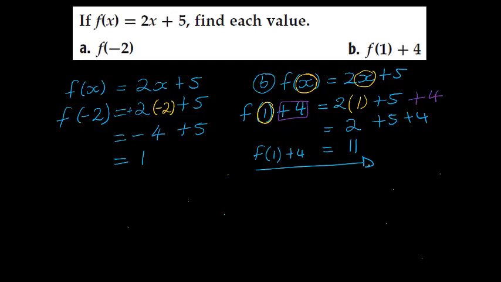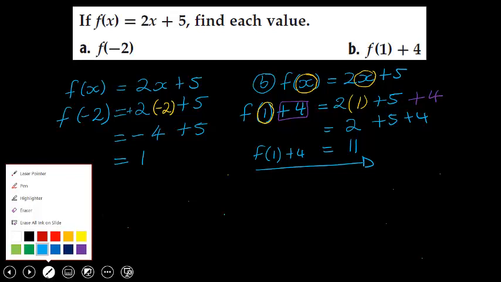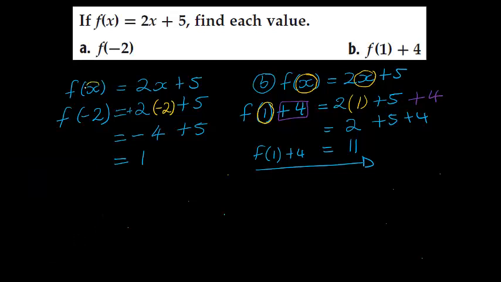So what did we do? We looked for the x value. We made sure that the value of the x is the same as the value of the number inside the brackets. Every time I saw x, I replaced it with what was in the bracket. And then I multiply it out and I simplify.